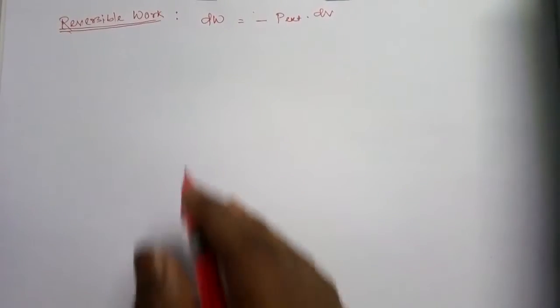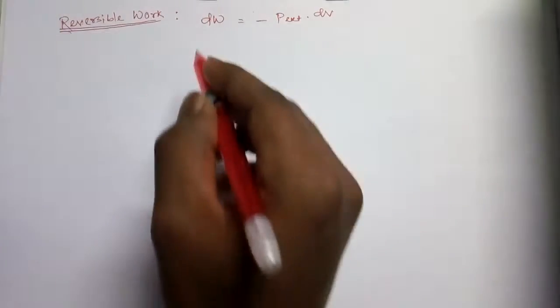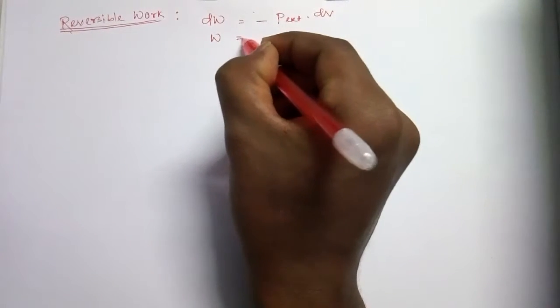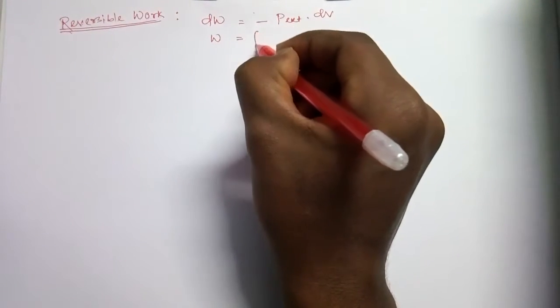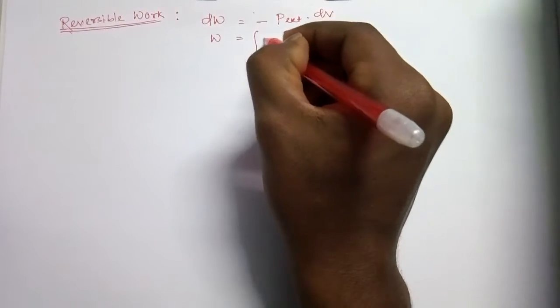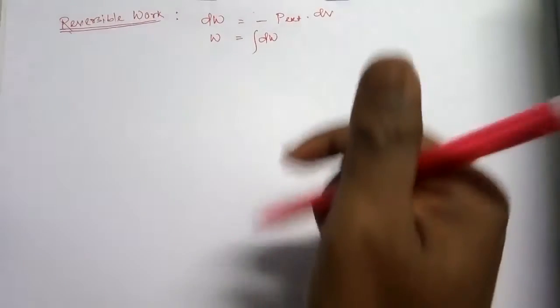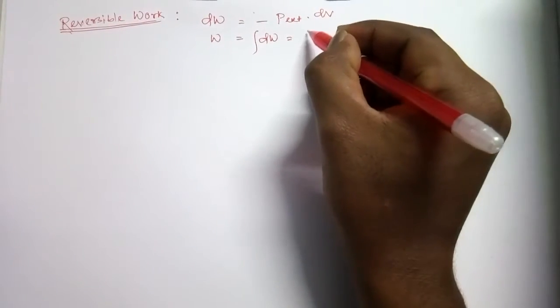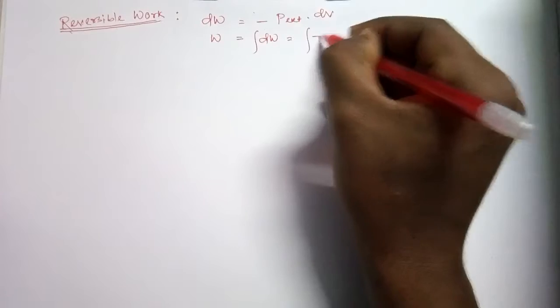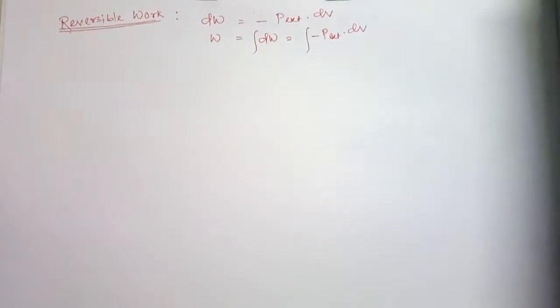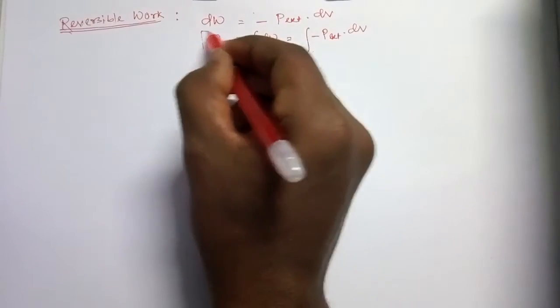So if the complete change occurs, then the expression for work will be W, which is the integral of dW. That means we can write it as the integration of minus P external into dV. That is the work expression.